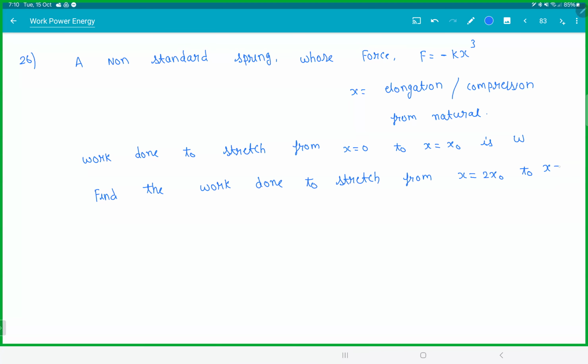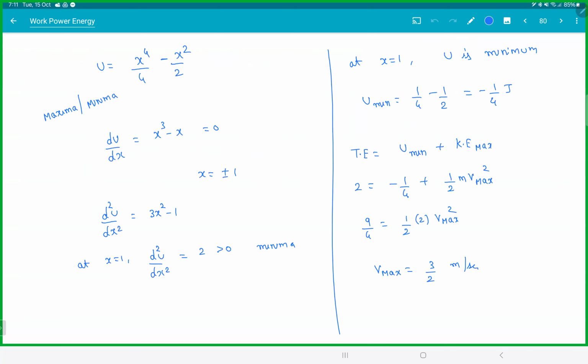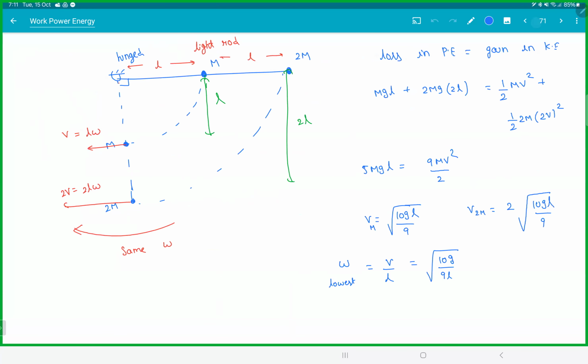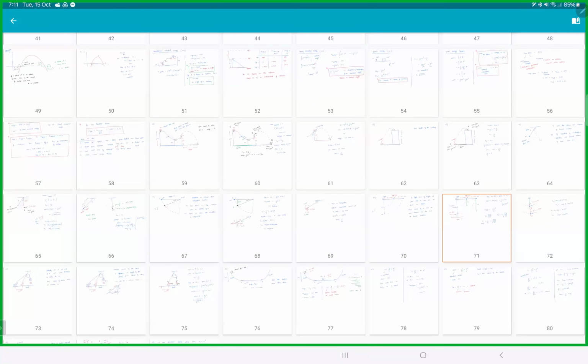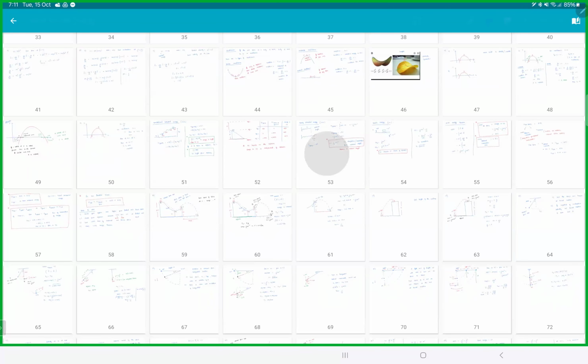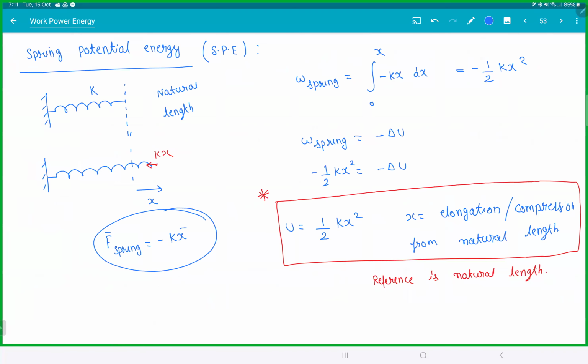Remember, you can't use half kx square. Half kx square was derived when the spring force is kx, isn't it? The spring energy is there, half kx square. When did you derive that? If you go back to the derivation, that formula was derived under this condition: when the spring force is kx, you got energy half kx square. You messed up the force only.